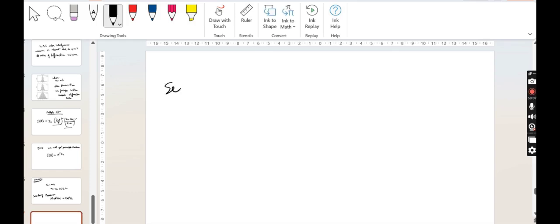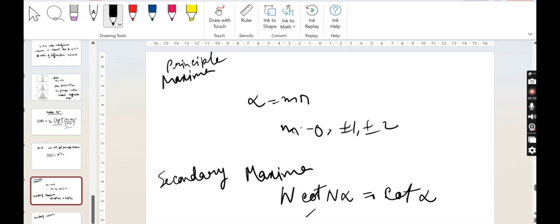And for secondary minima, this is basically alpha is equal to plus minus 3 pi by 2n, plus minus 5 pi by 2n, and so on and so forth.